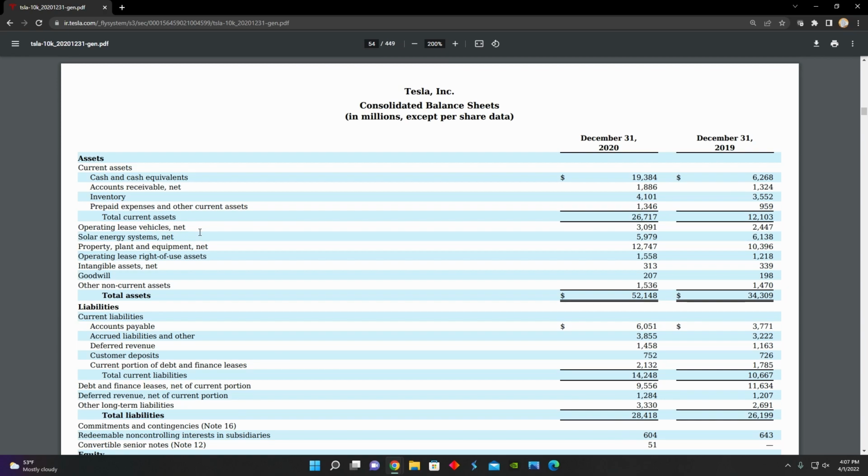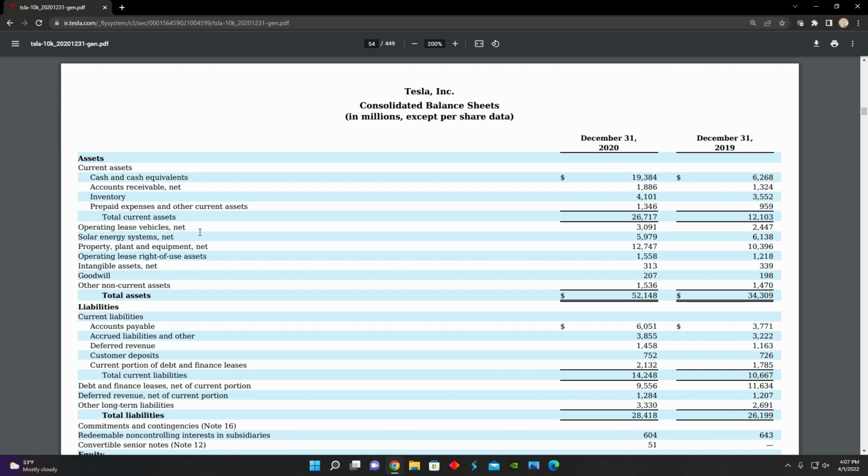And what this is basically, Tesla has a direct vehicle leasing program where they lease vehicles to different leasing partners, and they're able to bring in revenue that way. And this line item right here, this operating lease vehicle net, it's just recorded at cost minus accumulated depreciation. So they're just taking all of the vehicles that they leased out to these different leasing partners.